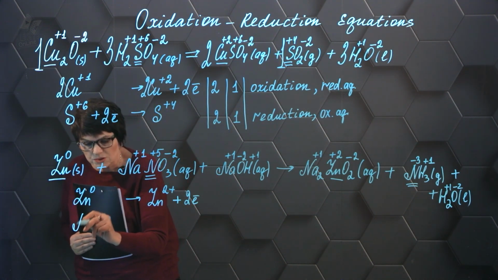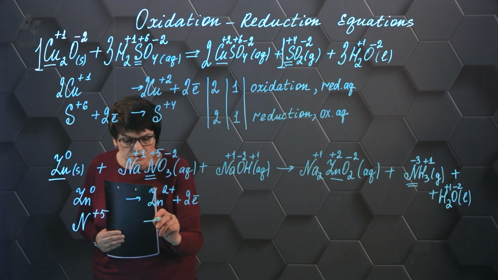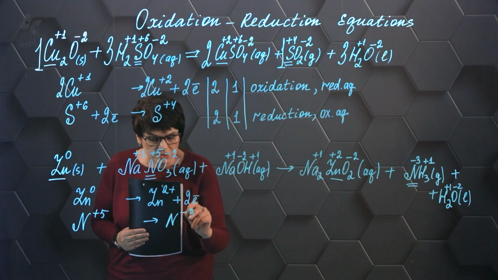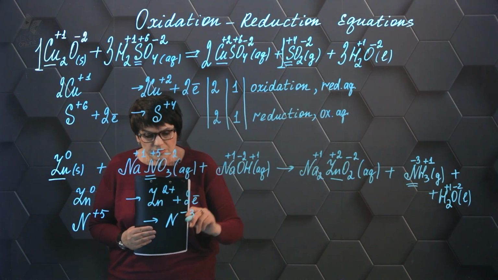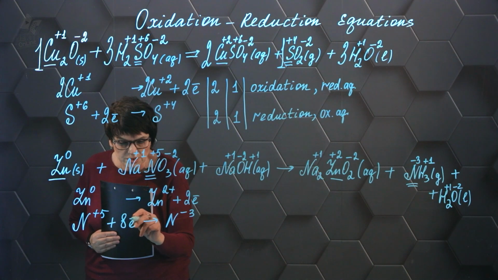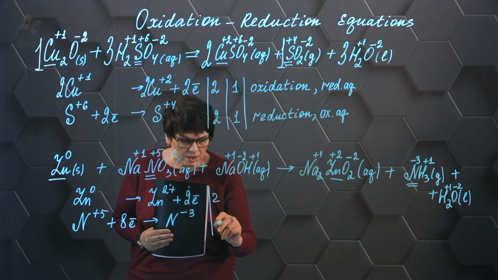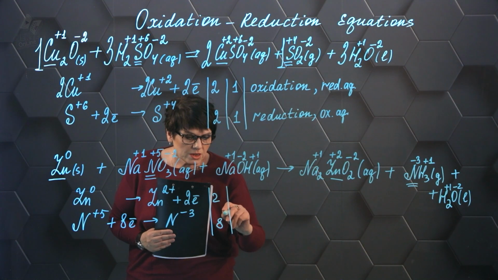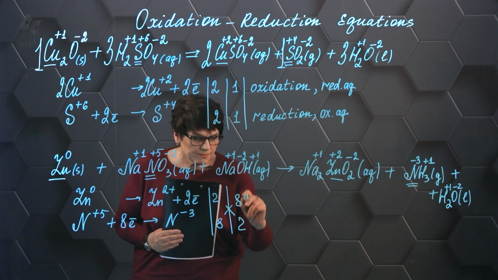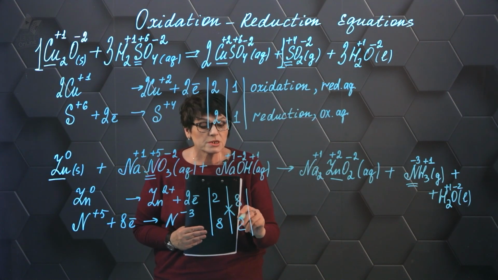Next, nitrogen from +5 goes to nitrogen with a charge of -3. The degree of oxidation decreases, so it will accept 8 electrons. So we take the number we found to be 2, 8, change it crosswise to 8, 2. And as we can see, these multipliers are reduced, so it's 4 and 1.